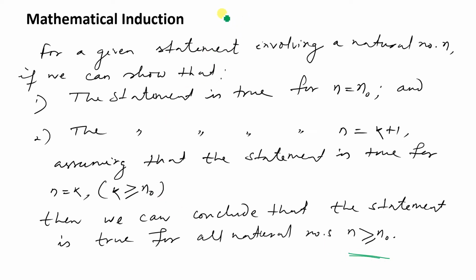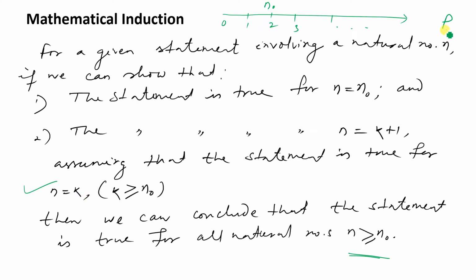So let's suppose this is a line I am drawing, natural numbers, starting from let's suppose 0, 1, 2, 3 and so on. Let's suppose you take n naught is equal to 2, and there is some statement, let's suppose P. If this particular statement P is true for n naught, that is equal to 2, then you assume that this statement is true for n is equal to k, that is Pk is true.